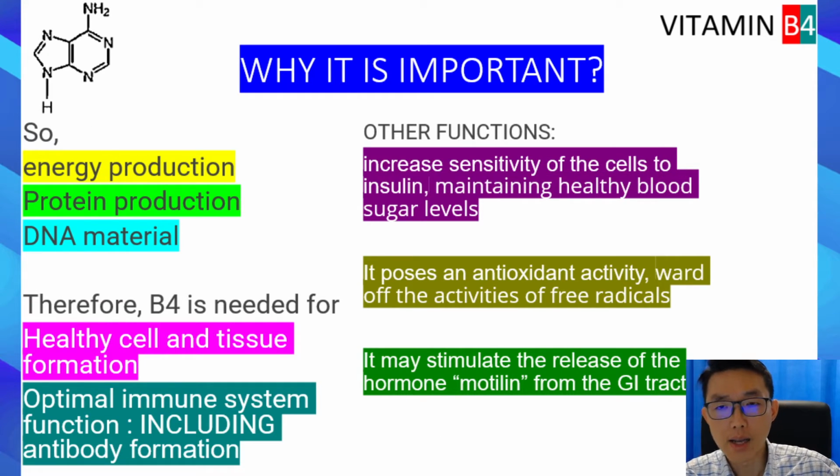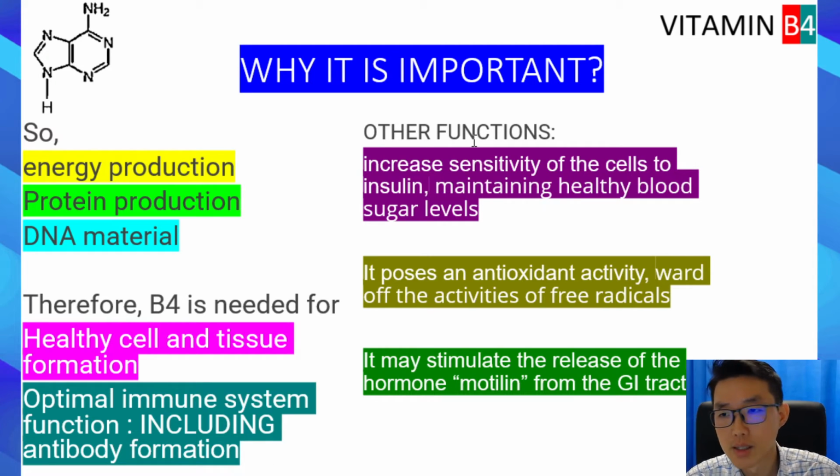So adenine is very important, and it is needed for energy production, protein production, and is part of our DNA material. Therefore, adenine, the former vitamin B4, is needed for healthy cell and tissue formation, optimal immune system function, including antibody formation.